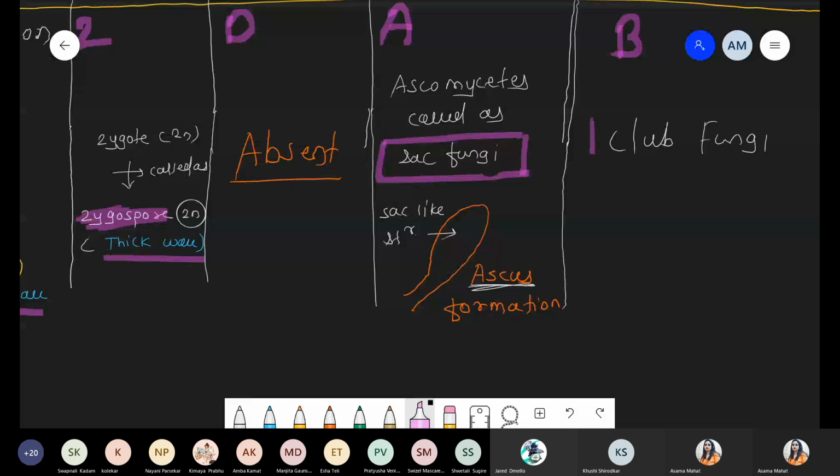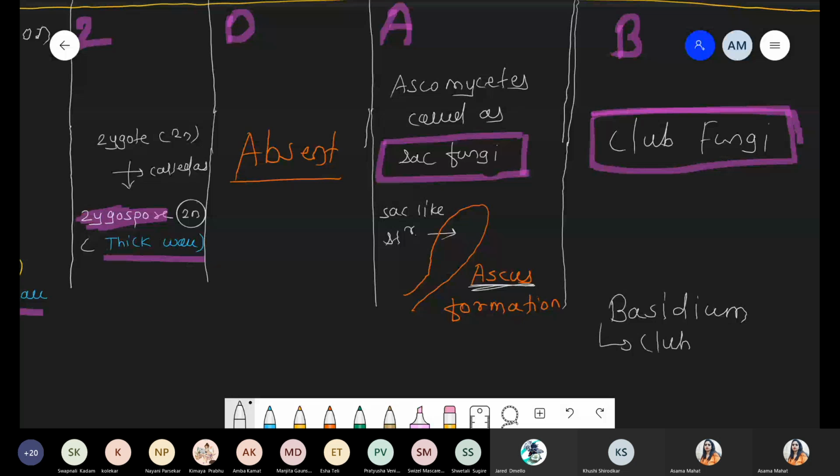Because there is one very unique structure formed after the fertilization process, that is the basidium. The basidium has a club-shaped structure. We will discuss that part later when we draw the life cycle of the mushroom. ये typical structure है for the basidium.